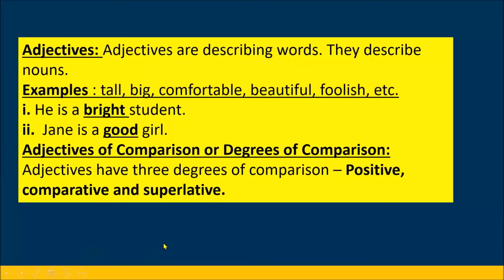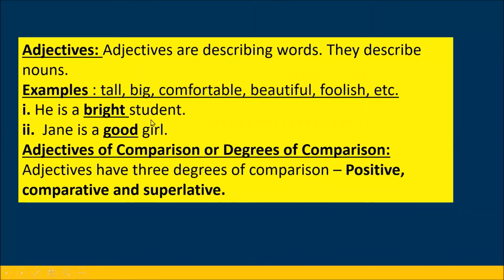So first of all, the definition of adjectives and a few examples. Adjectives are describing words. They describe nouns. For example, here you can see tall, big, comfortable, beautiful, foolish, etc. All these are adjectives. Now in a sentence, I'll give you an example. Here is a bright student.